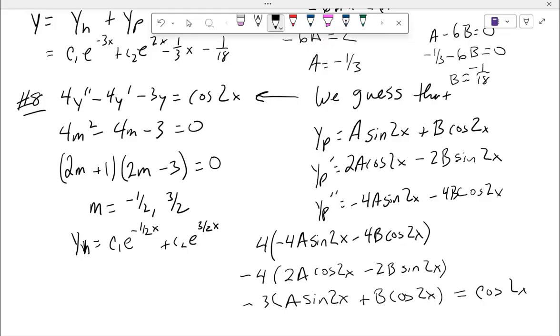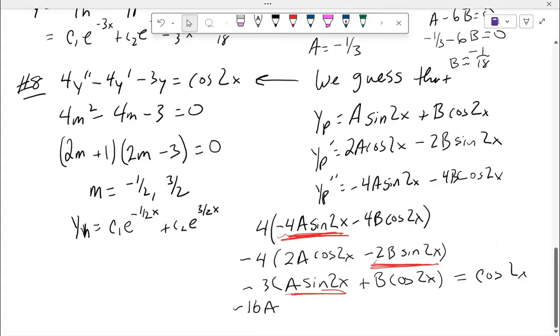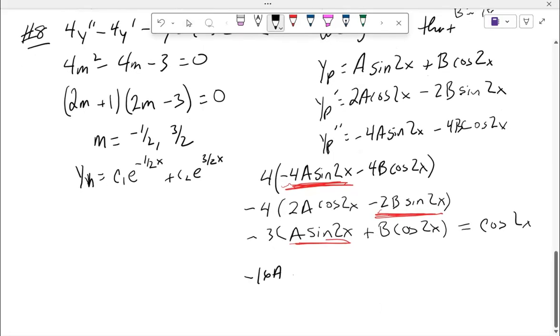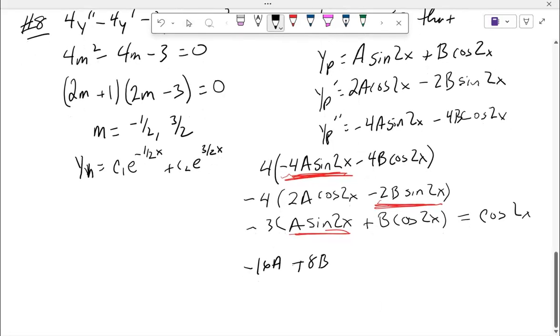Let me highlight them in here. I'm looking at the sines. It will be this one, and this one, right? That's what's going to give me sine. The coefficients are going to be negative 16a from the first one, plus 8b from the second one, and minus 3a from the third one.